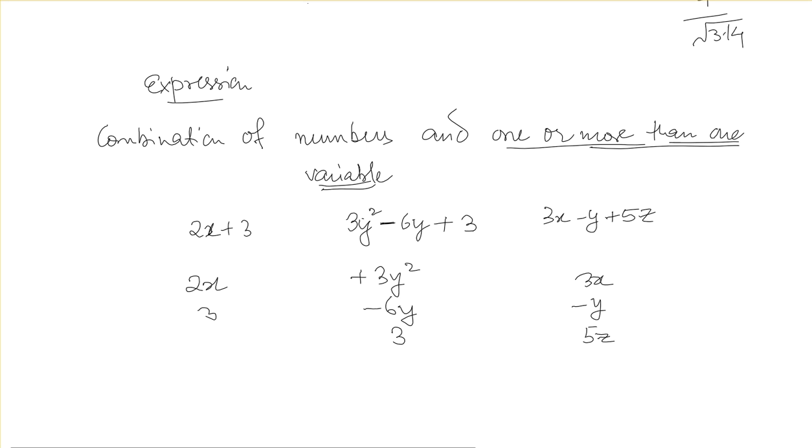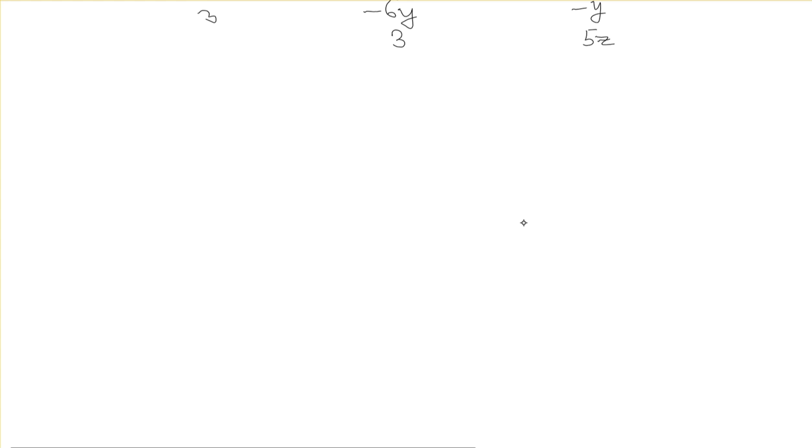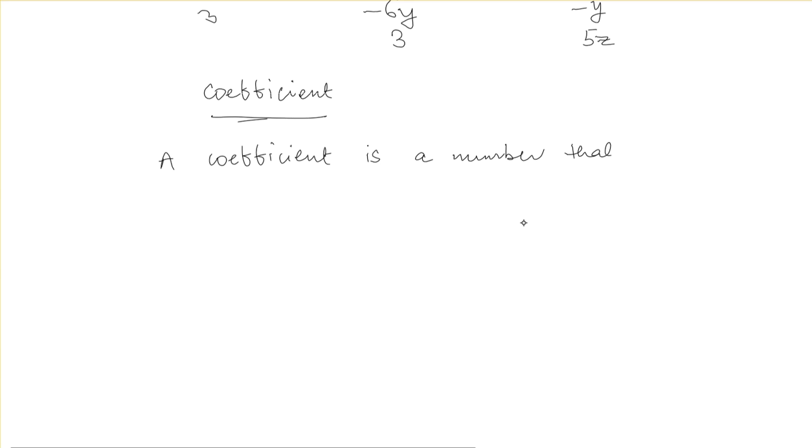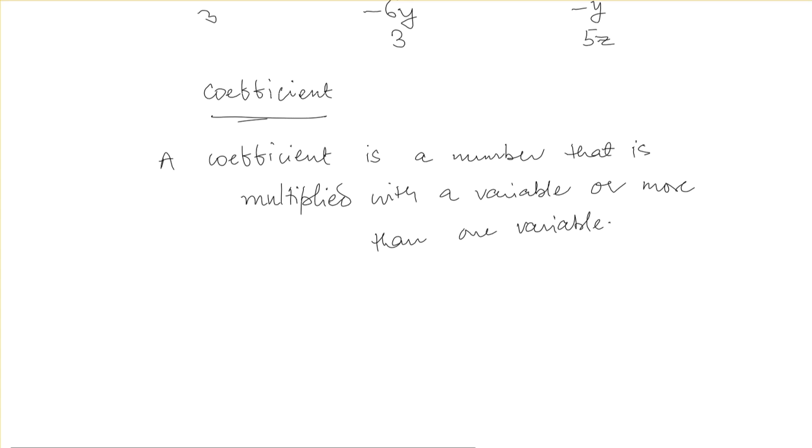Now coefficient. A coefficient is a number that is multiplied with a variable or more than one variable.